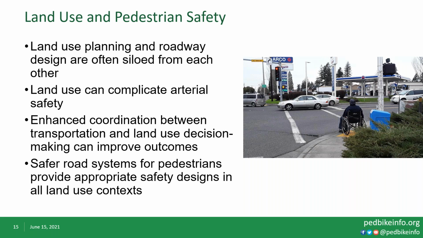There's discussion of non-auto mode share goals. They're reducing traffic congestion tests near transit and reducing transportation impact taxes in desired growth and investment areas. So I think they're really good examples of policy that try to acknowledge the connection between transportation and land use.